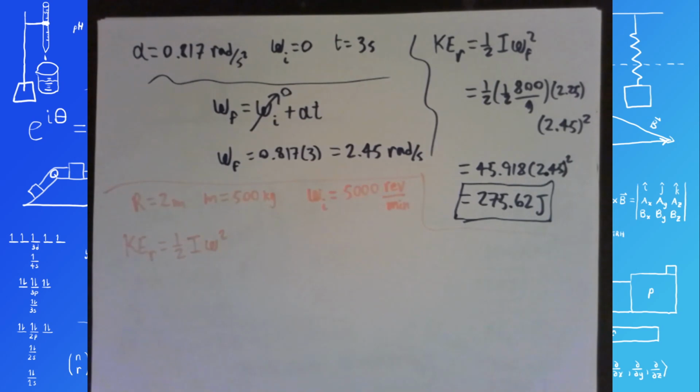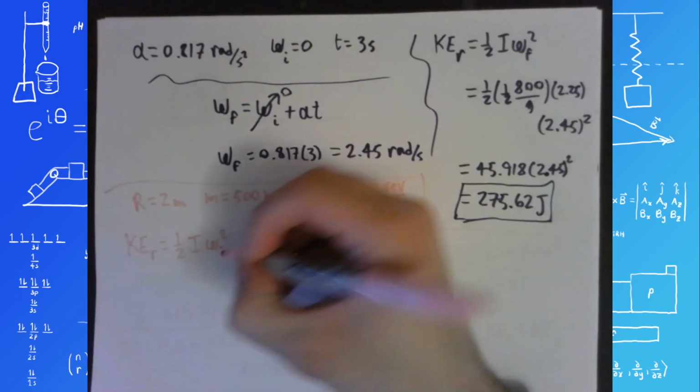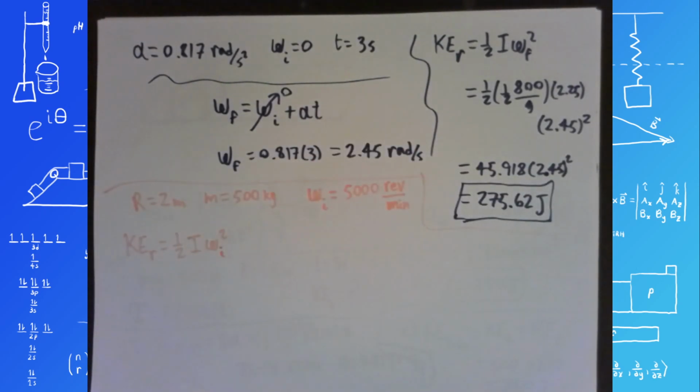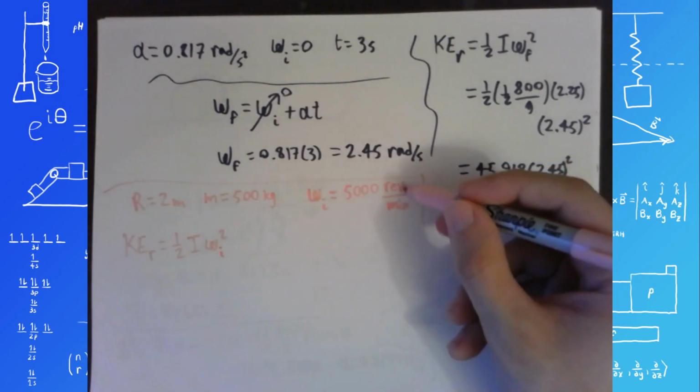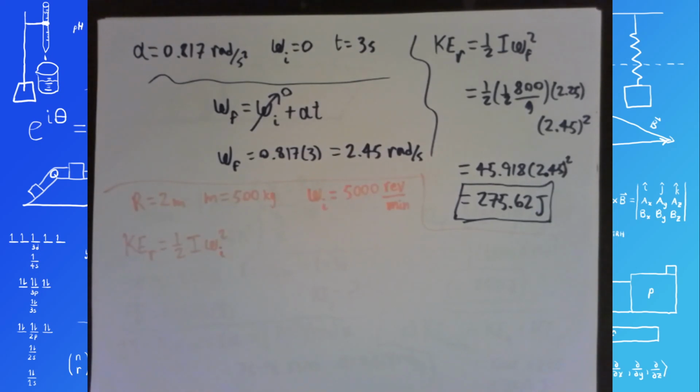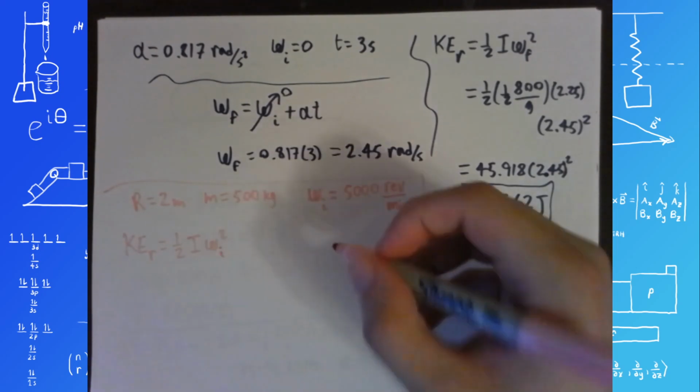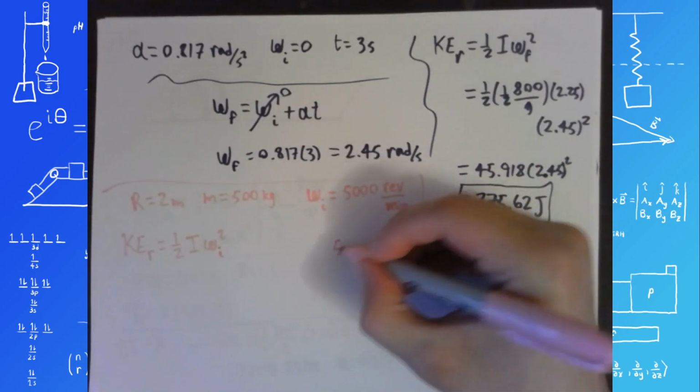Come to think of it, they didn't mention anything about a final speed, but we're just going to go with the initial speed that they gave us. However, there's one little twist here. Our units need to be converted. This needs to be converted into radians per second in order for us to get joules. So let's go ahead and do that conversion.